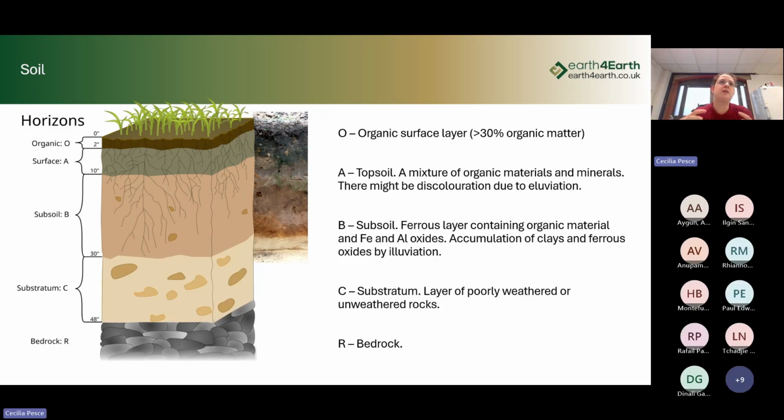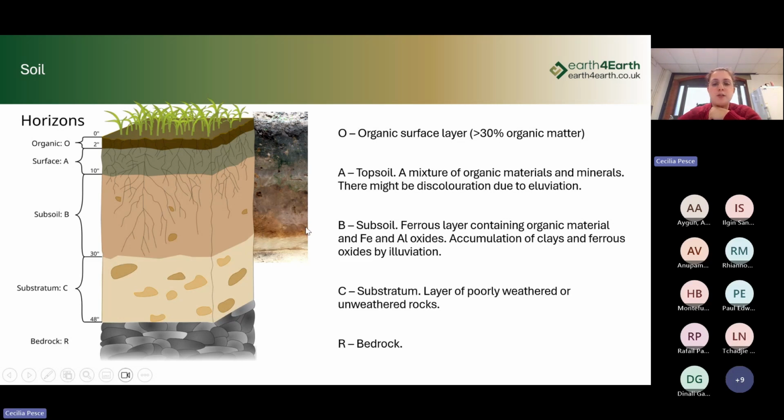And with that, the water dissolves some of the minerals and carries them towards the core of the soil. For example, in the picture, we can see examples of this discoloration. For example, here, probably the rainwater took some of the minerals from here and carried them to the deeper layers.